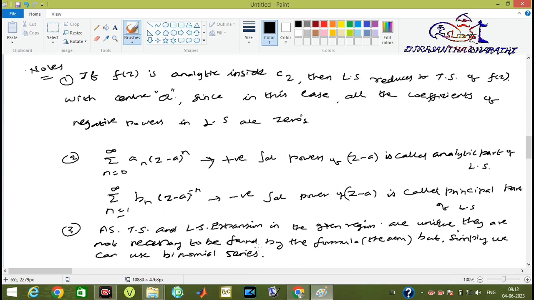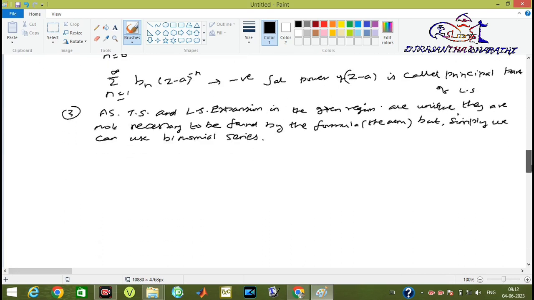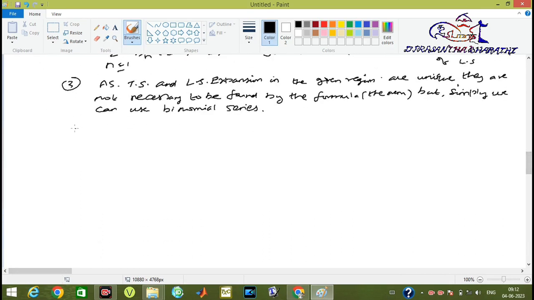Now the last note: we know the Taylor series about z equal to 0, that is a equal to 0, implies the Maclaurin series.